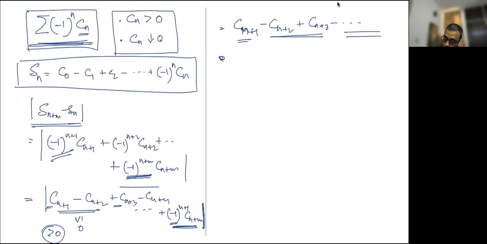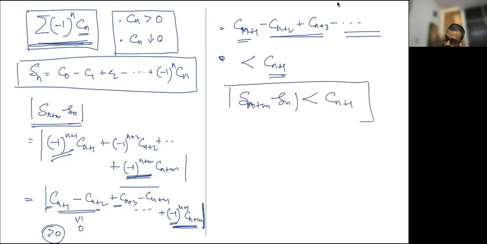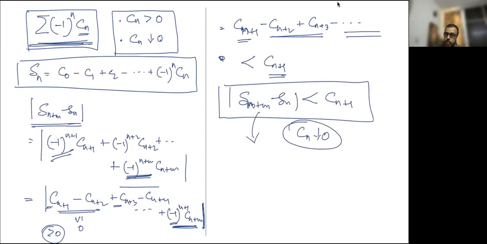So this whole thing would be less than C_{n+1}. So S_{n+m} minus S_n in this case would be less than C_{n+1}. And again, use this and the fact that C_n goes to 0 to show that S_n is Cauchy, which means the series you are concerned with would converge.